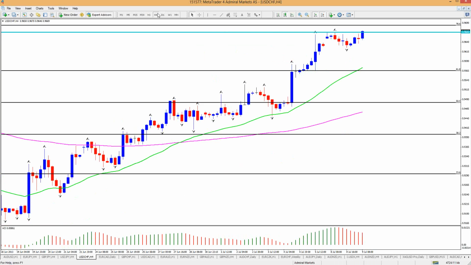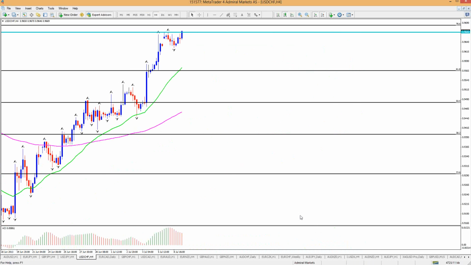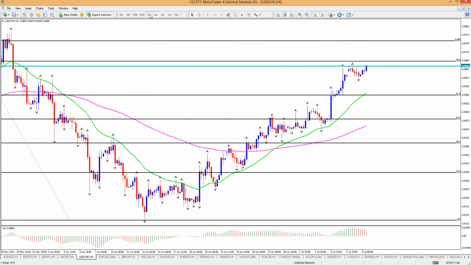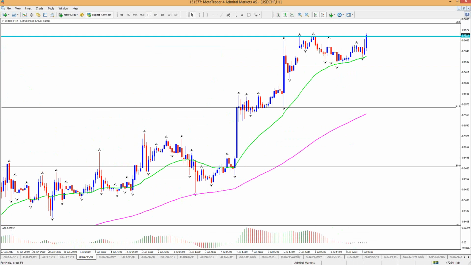The AO, that's a good question. The AO, well, the 4-hour chart is still pushing. The 1-hour chart is back to the zero line here. So that could give a good indication that this correction is over, just like the euro.